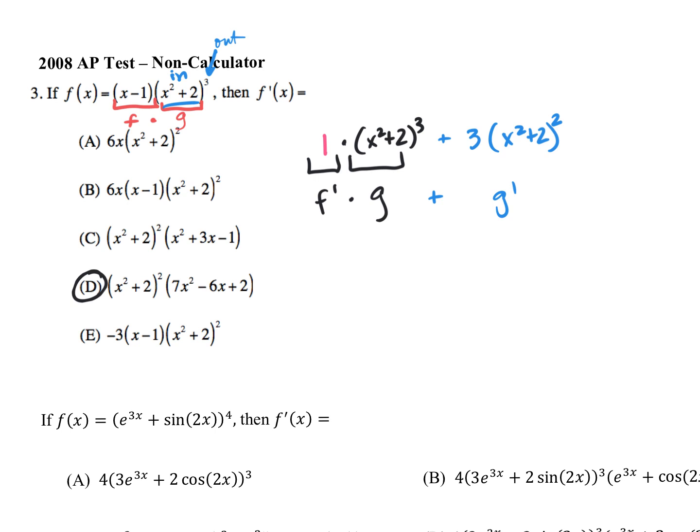That's the derivative of the outer. You left the inner. What's the derivative of the inner now? 2x, right? That's what we have to multiply it by. Did we just find g prime? Yeah, times my f. Did you do that? It wasn't that bad. Teamwork makes the dream work.